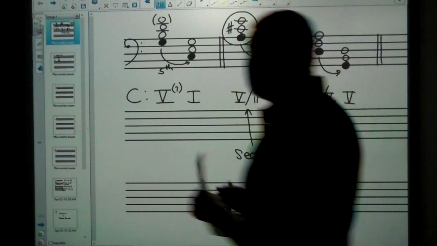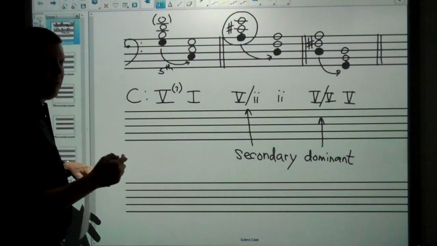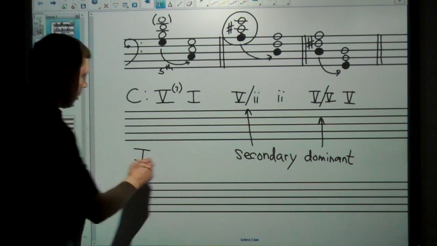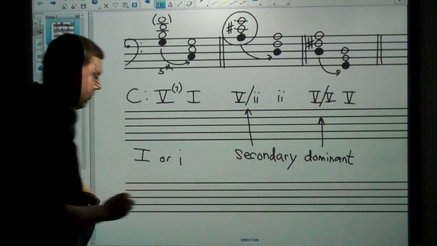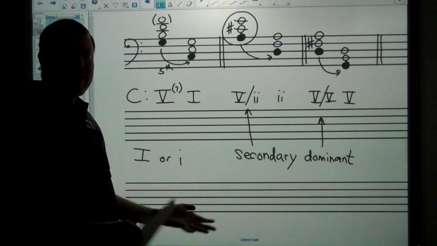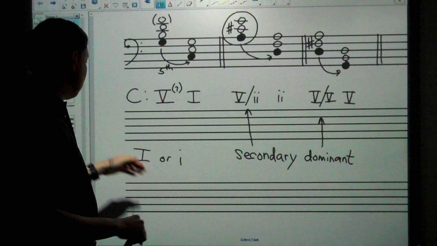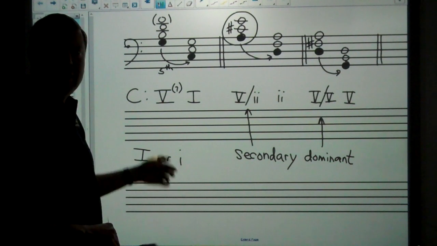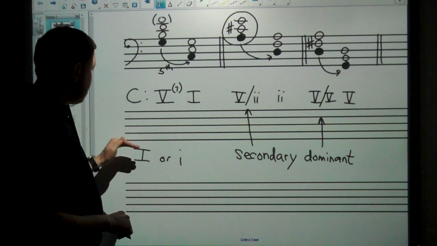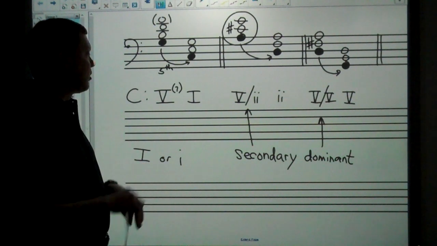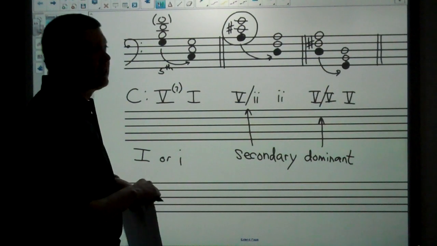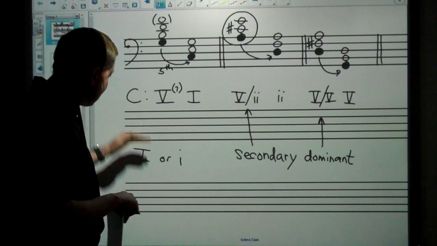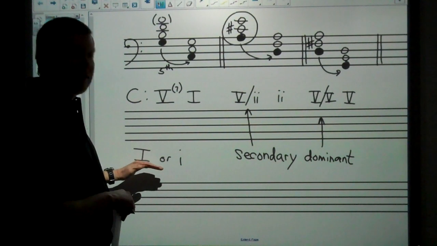Now, we know that in music, standard tonic chords are either major chords or minor chords. In other words, we never have a 1 Roman numeral or a 1 chord that would be augmented or diminished. It just doesn't happen. Only major and minor triads are stable enough to produce the sound of resolution, coming from somewhere and then landing at home base, so to speak.